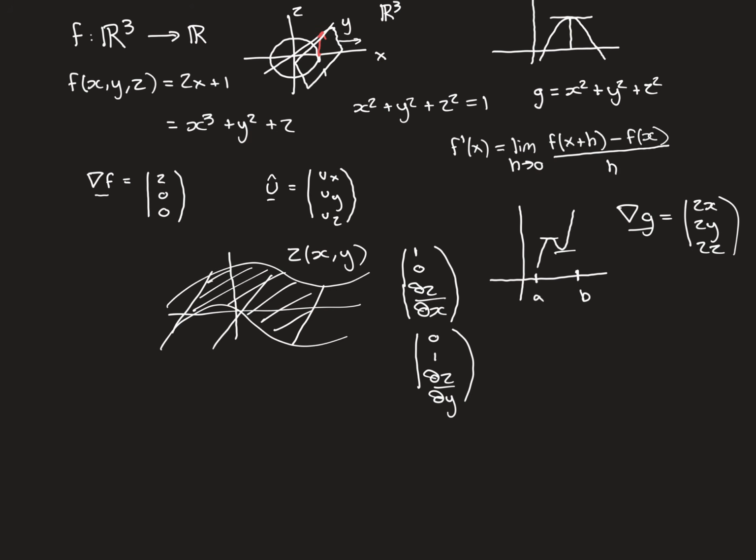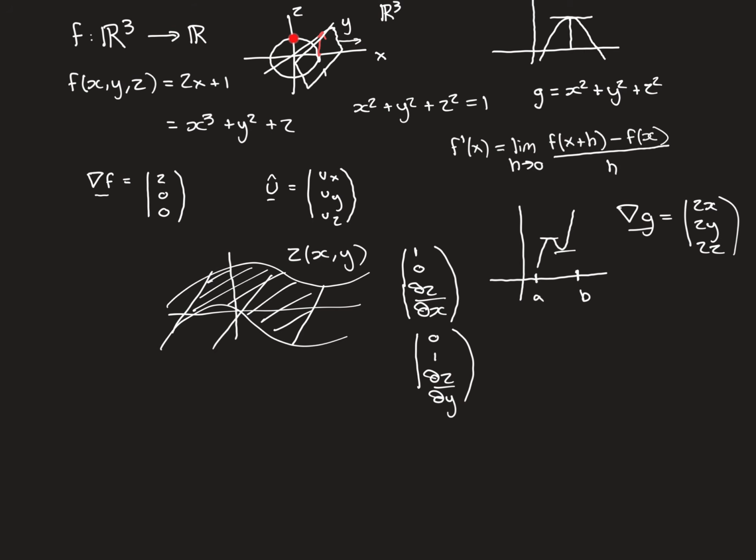Now, note it's not a unit vector, it's just a normal vector, but it doesn't matter. After all, what I'm looking for is for this vector to be parallel to this vector. I don't care about the size difference between the two.